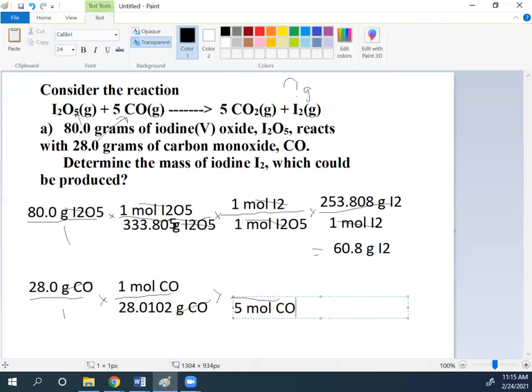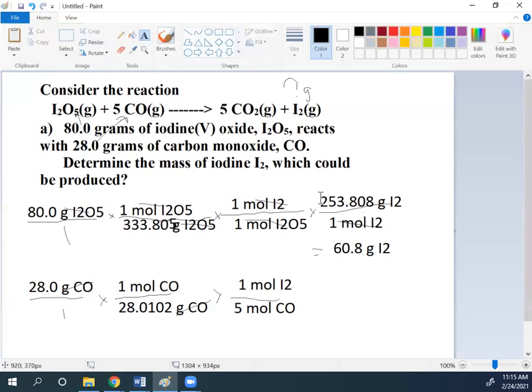So here's the good news, people. Does my unknown change? So the rest of it's identical, isn't it? So I don't have to go find another molar mass. So I know that on the top is going to be 1 mole I2, because I can work that out from my equation.